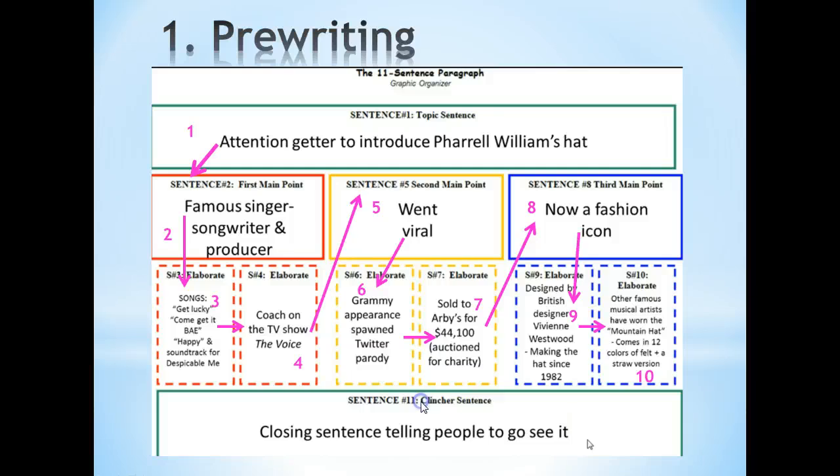Finally, we go to your clincher. Your last sentence will be basically wrapping it up and reinforcing your purpose. So again, you might be viewing this video for a different assignment, but you can see how you just very easily follow the flow of the organizer to write your essay in the composing stage of the writing process.